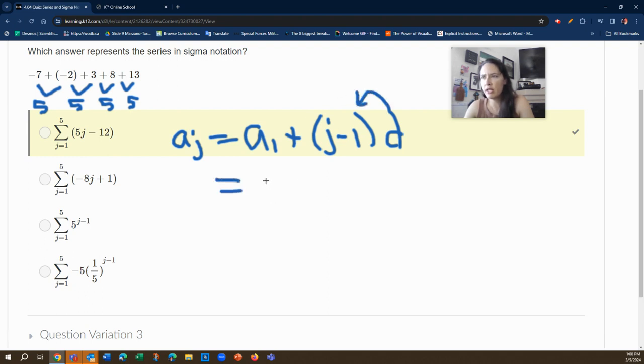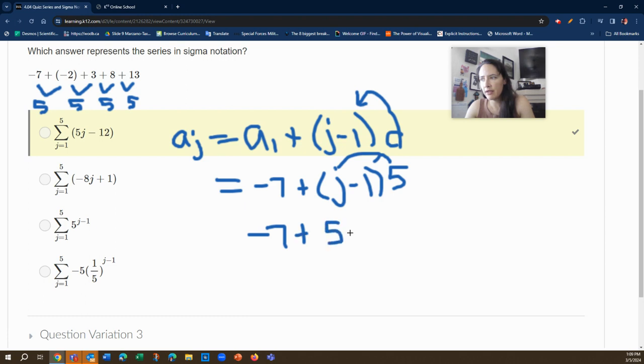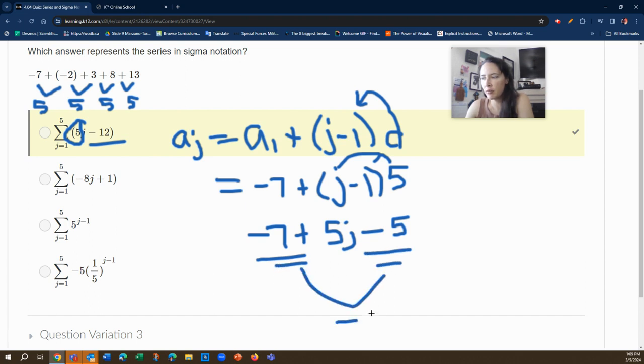So we have a sub 1 is negative 7 plus j minus 1 times 5, because that's our common difference. Now let's distribute. So we'll get negative 7 plus 5 times j minus 5. Okay, so here's our 5j. Boom. Our negative 12 comes from negative 7 minus 5. We combine like terms, and that's where our negative 12 comes from.